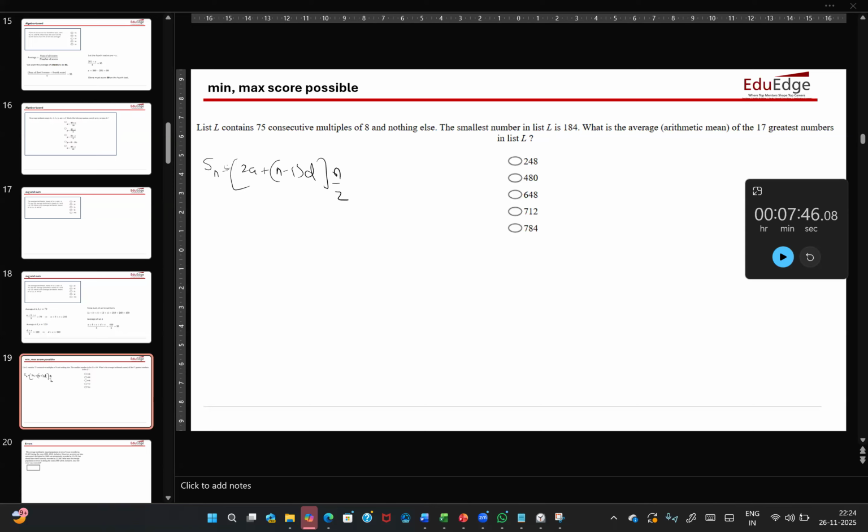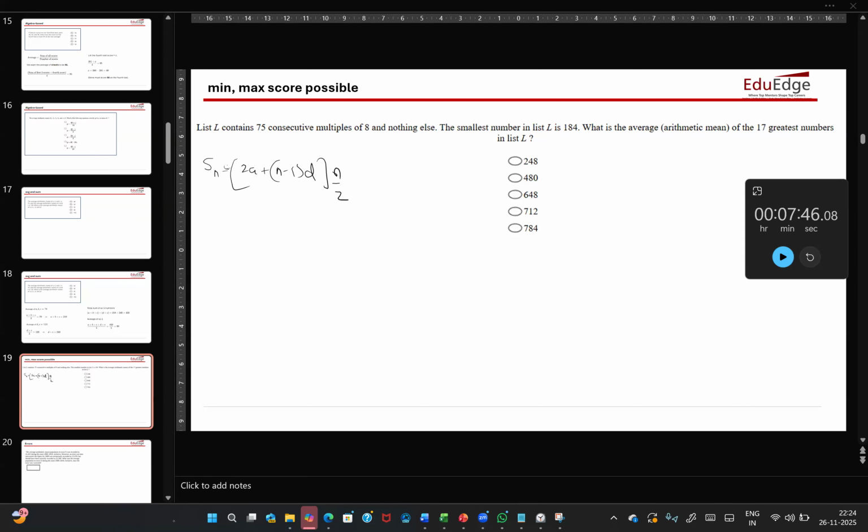The 59th term, because including 59 will make 17. I took 58 and my answer came to 702. So it should be 59 because 58 would be 18. 75 minus 59 will be 16, but you need to add one for inclusivity. So the 59th term.